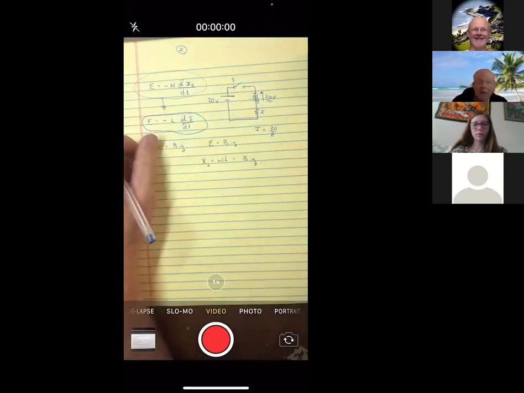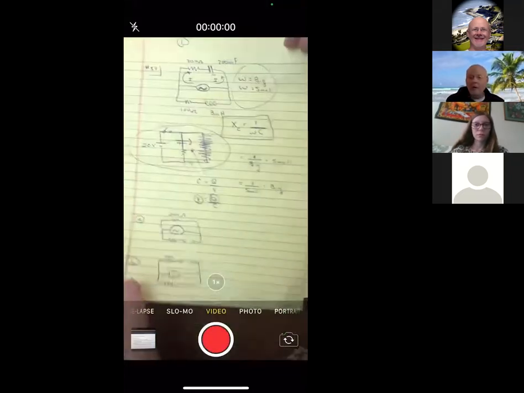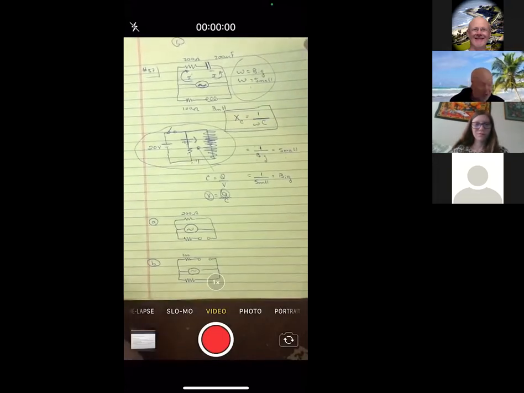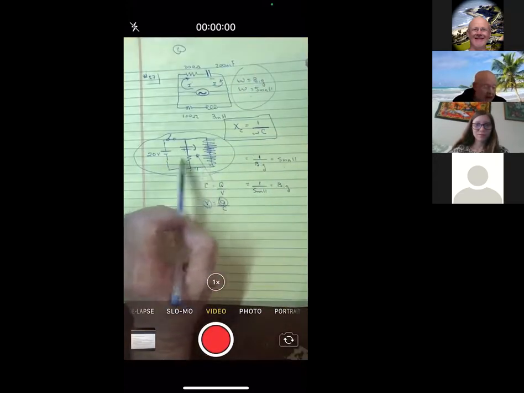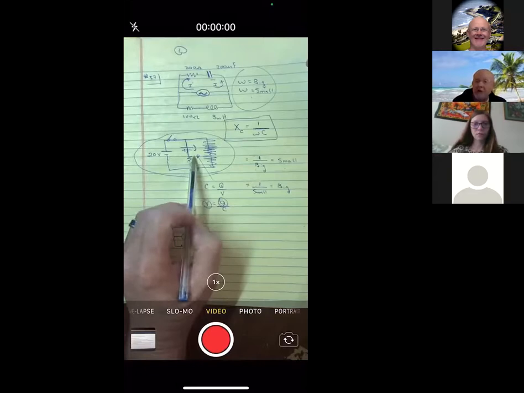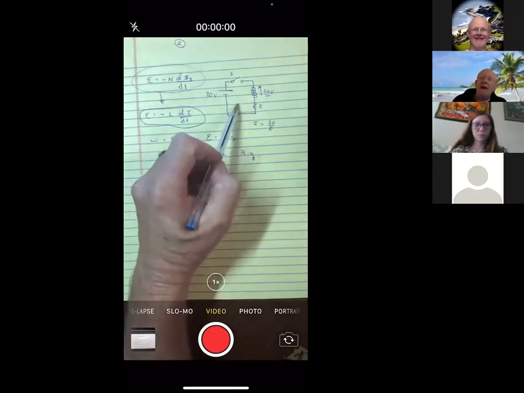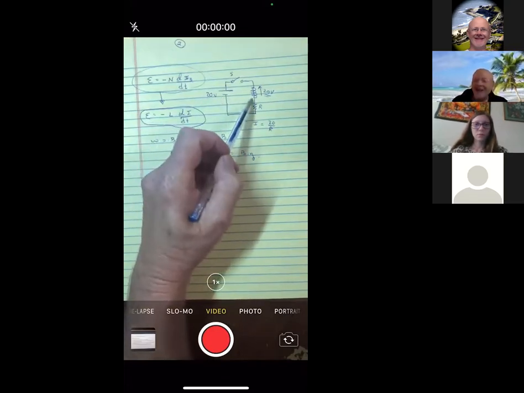A little side note here, maybe your reward for coming to the office hours today: notice that on the last test, you had a question related to capacitors and current when the switch was first closed and first opened. Be ready for that on the third test where the switch is opened or closed.